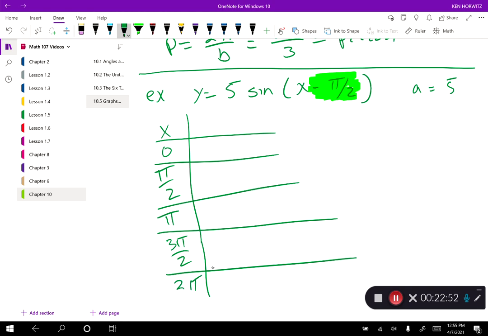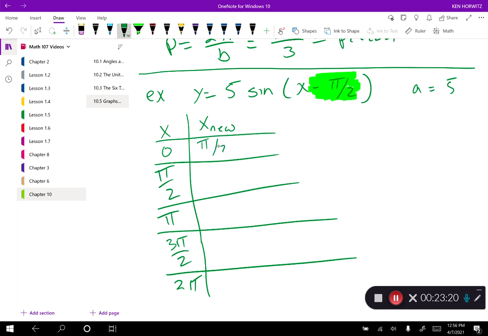Well, if everything has been shifted pi over 2 units to the right, we need some new x values, right? So what are we going to do in order to make an allowance for our shift to the right? Well, I'm going to take my old x value, and if it's shifted right, that means I'm adding to it. So I'm going to add pi over 2 to every x value to get a new x value.